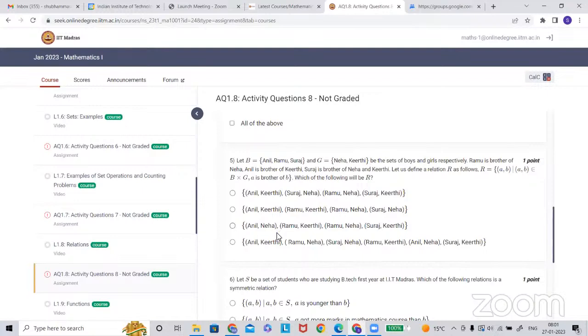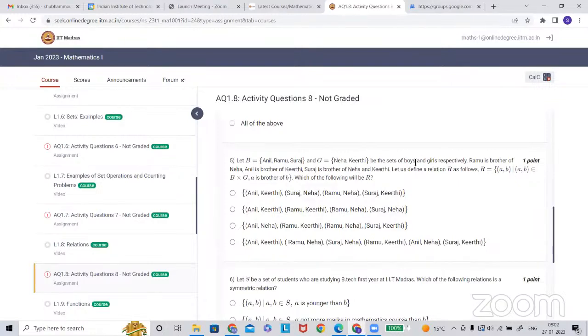That solves the problem. Okay, so the next thing is why this Anil and Neha is going to be an element of R. What is R here? R is a set of pairs (A, B) where the pair belongs to B cross G and A is brother of B. See, the set B is Ramu, Anil and Suraj, and the set G is Neha and Kirti.